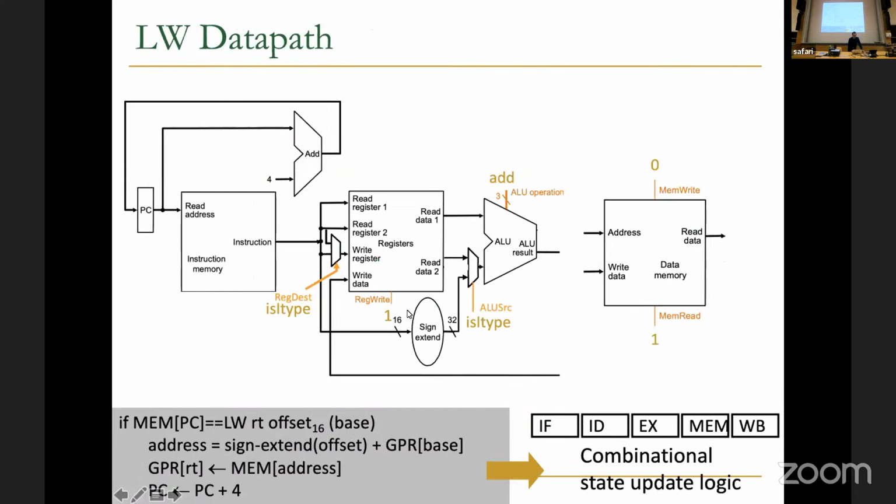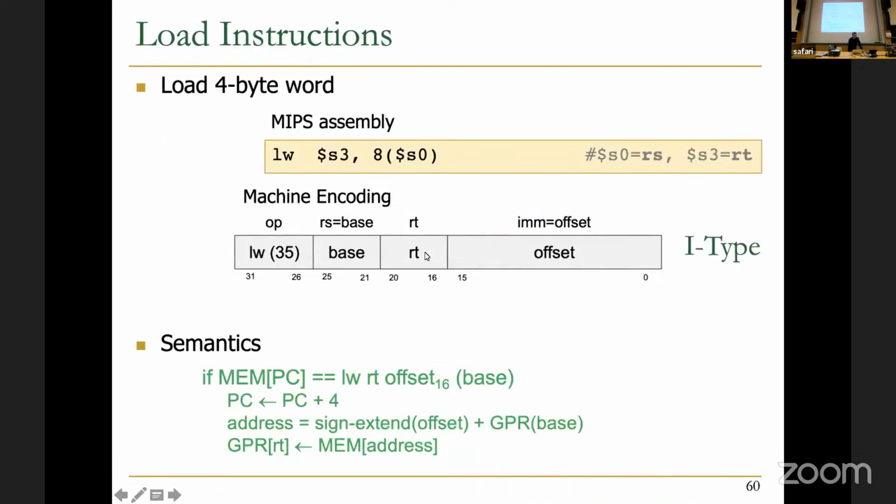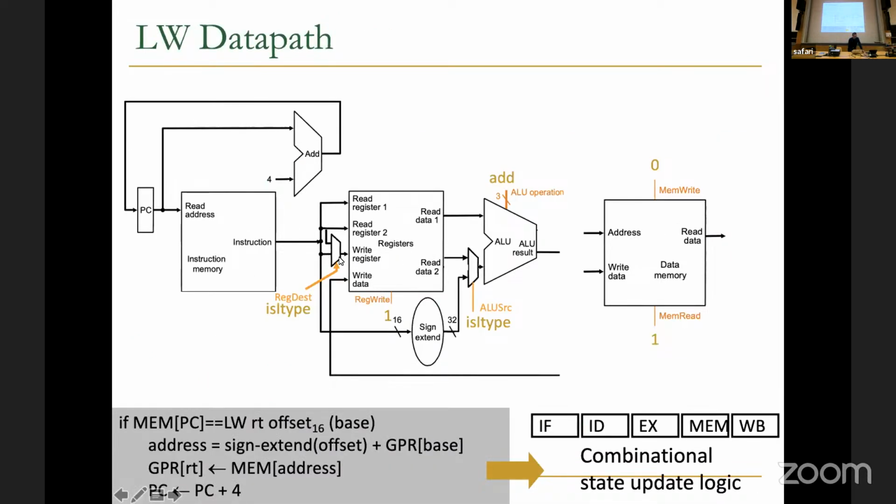So this was the data path we had earlier. I don't have everything over here because I'm going to connect things, but let's take a look at how we execute load. We have the support for executing I-type instructions. The second input of the ALU can come from a sign extended immediate, and load is I-type. That's good. And then the destination register is coming from bits 20 through 16 over here, if it's I-type, and load is I-type.